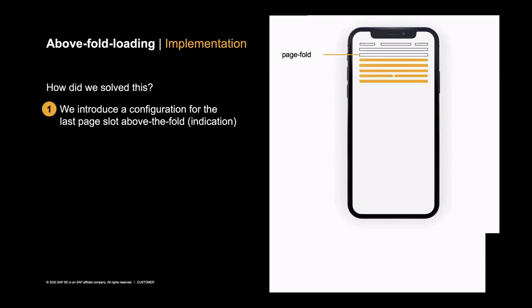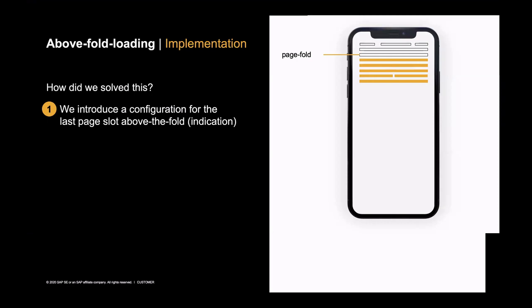So in order to fix this, what we've done is we've said, okay, we need a configuration, an indication of the page fold. What you see here is that I've configured in Spartacus this page slot to be the indicated page fold. It means this will be the last slot which I expect above the page fold, and all the other page slots I'm expecting to be loaded later.